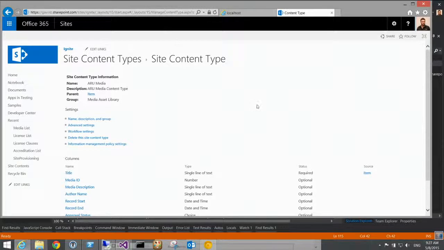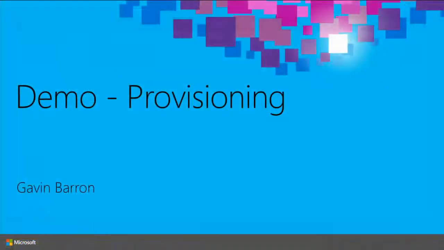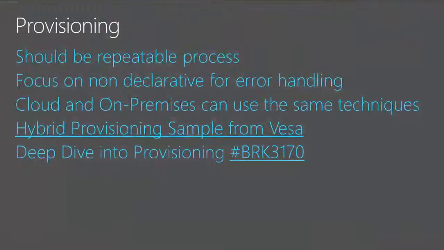Cool. Awesome. So let's jump back. All right, so as Gavin mentioned, it's very important that it's a repeatable process. And by repeatable, we don't just mean you can run it against different machines. You should be able to run it again and again with the same kind of process happening.